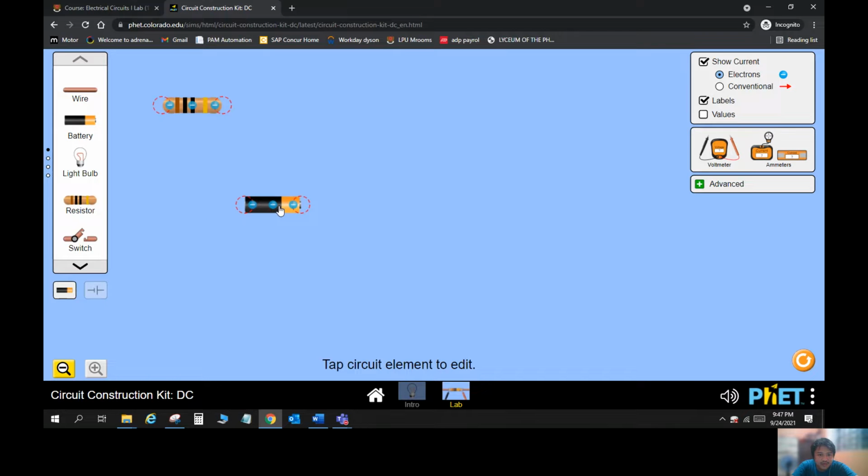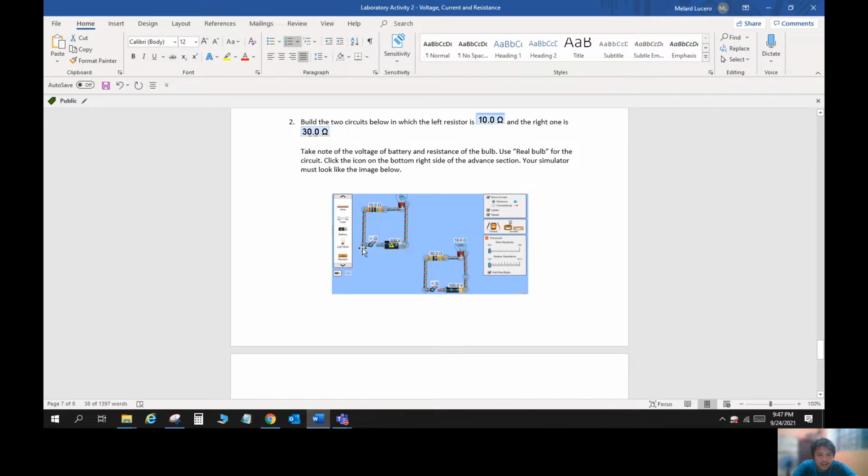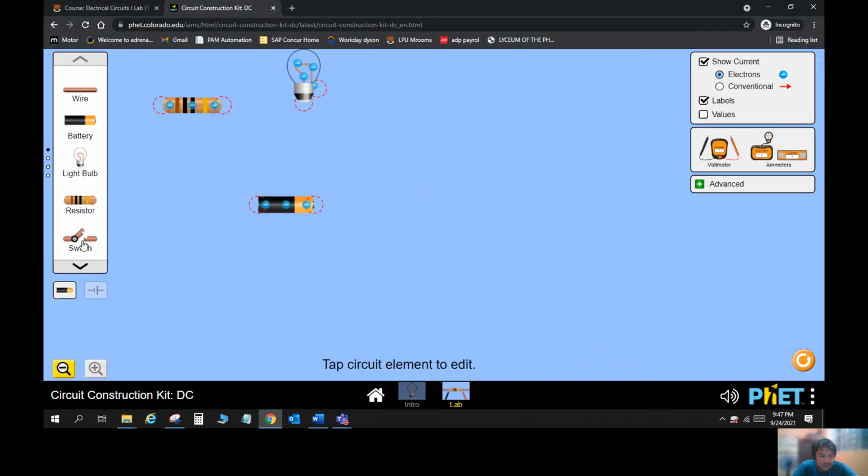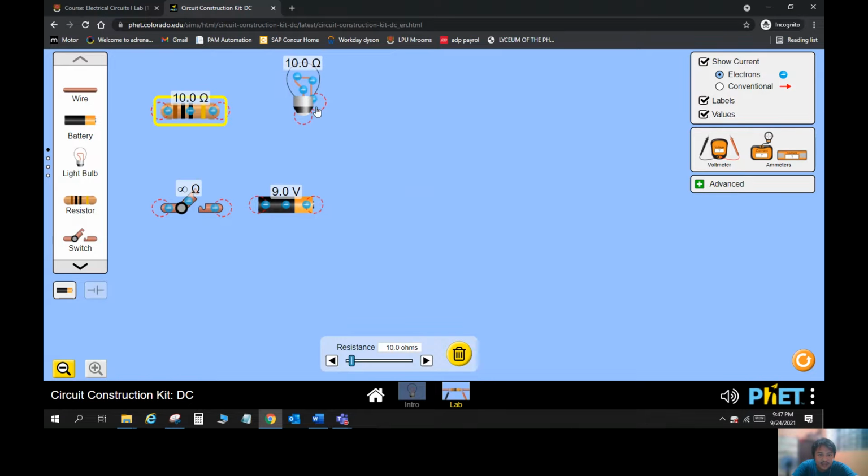Okay, meron tayo dito battery. Then meron tayong light bulb here. Then switch. Then lagyan natin ng values, para kitang-kita. Okay, so connect natin siya using wire.